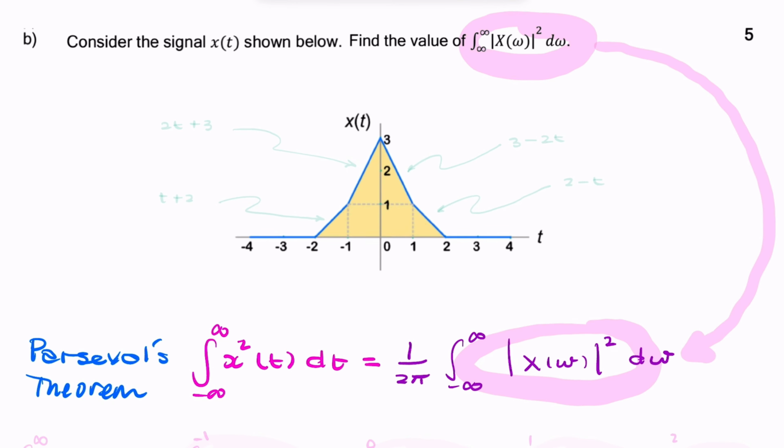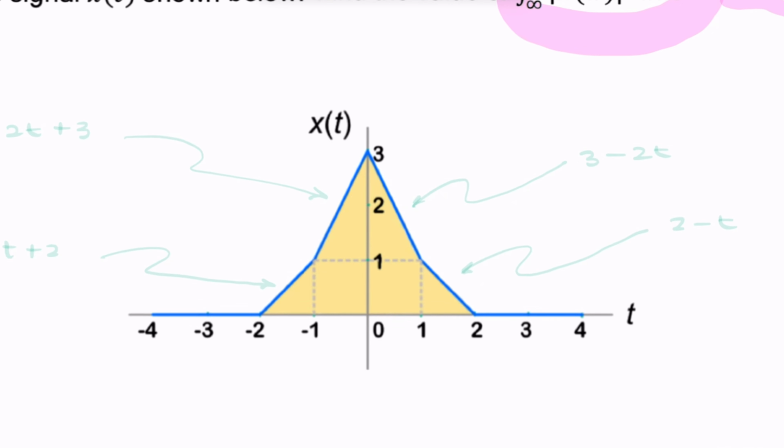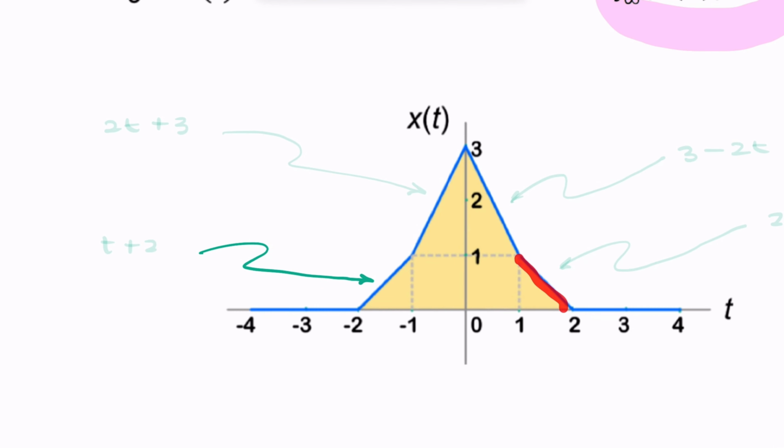If we look at the signal, it is made up of 4 separate linear segments, and each segment can easily be written as a function of time. From -2 to -1, x of t is just a straight line with a gradient of 1, so x of t is equal to t plus the y-intercept 2.